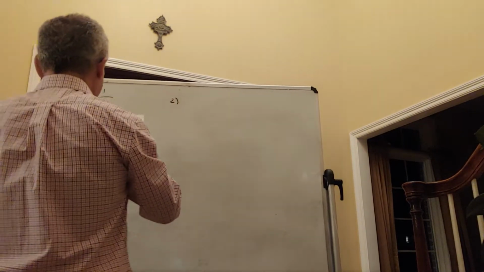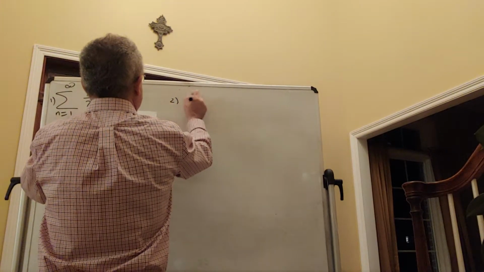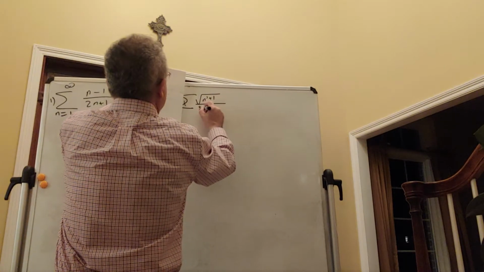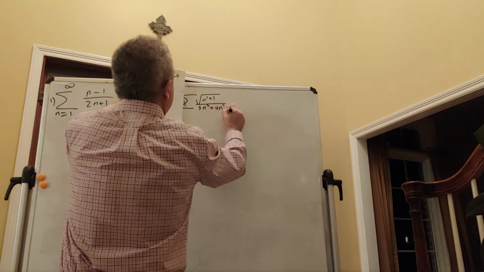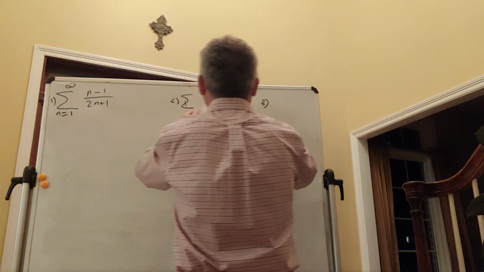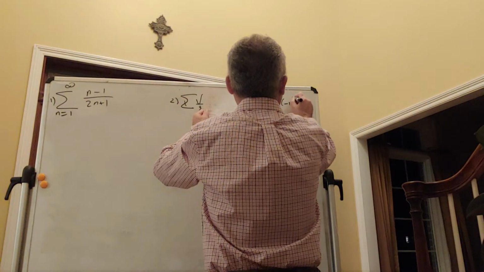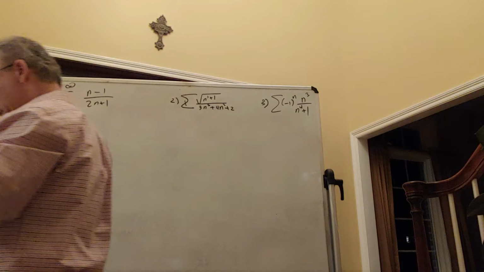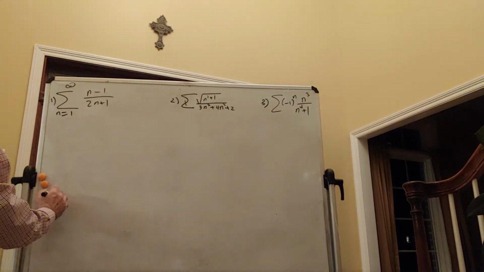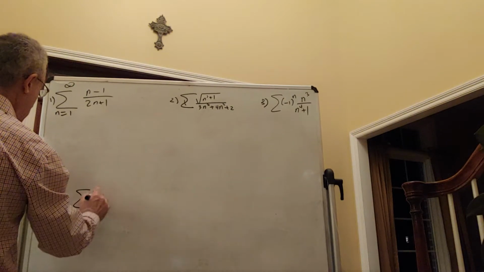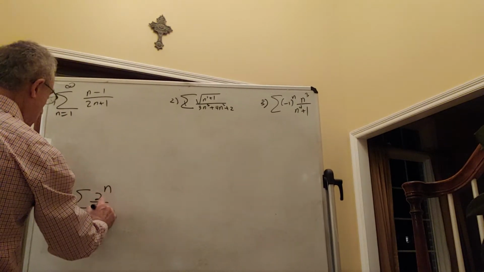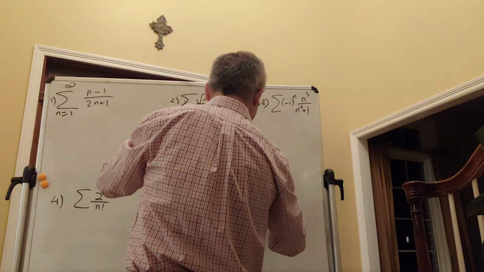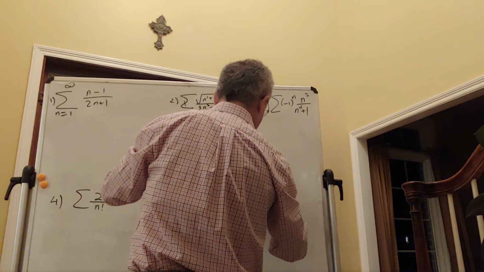Number 4, 2 to the n over n factorial. Number 5, 1 over 2 plus 3 to the n.